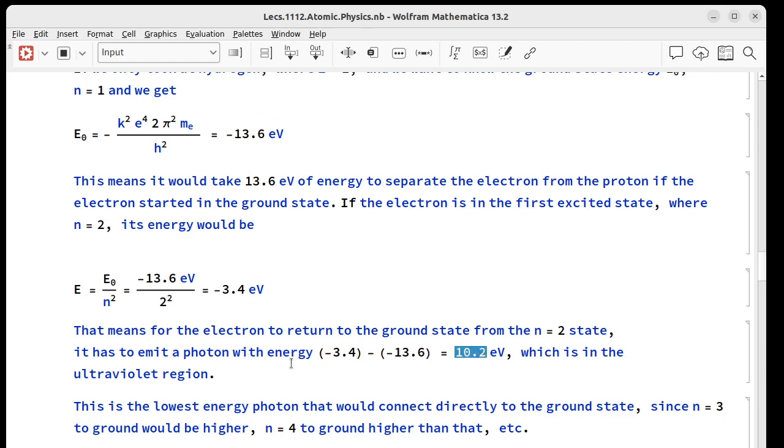That's an ultraviolet photon. So any jump to the ground state from a higher state will be at least this big or more, because every state above the first excited state has a smaller number, so the difference between it and ground will be larger. So they're all ultraviolet. None of these are visible.